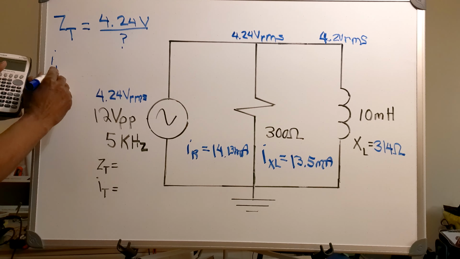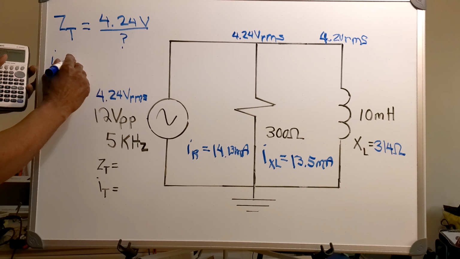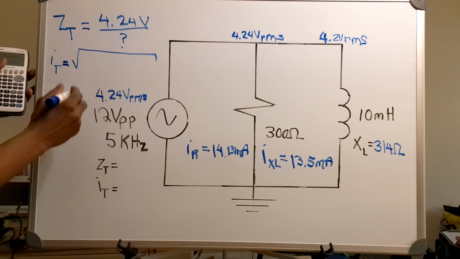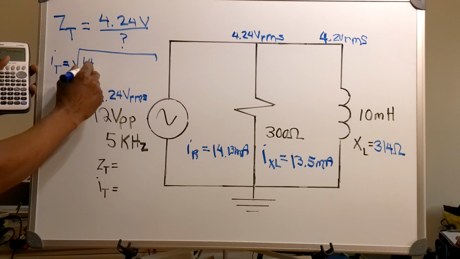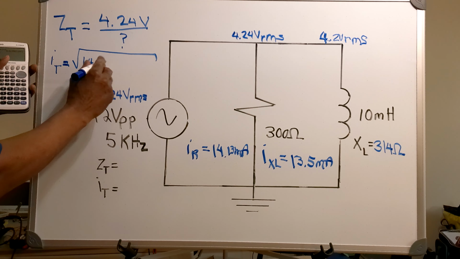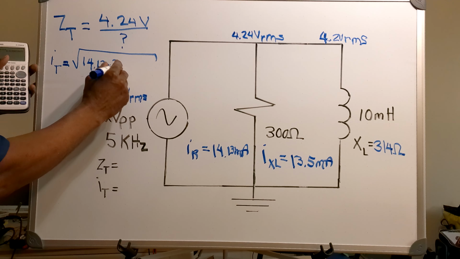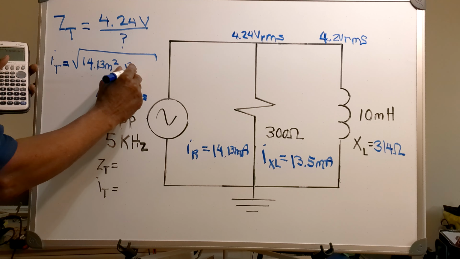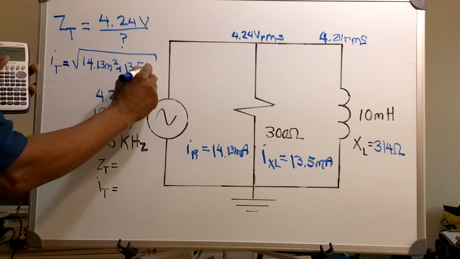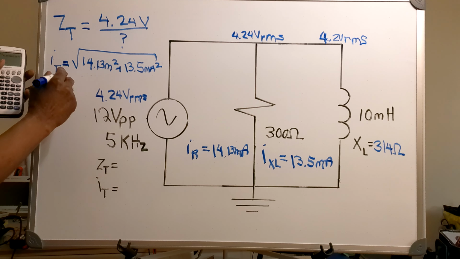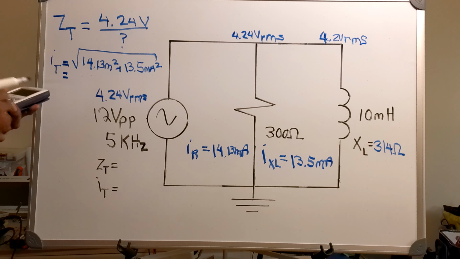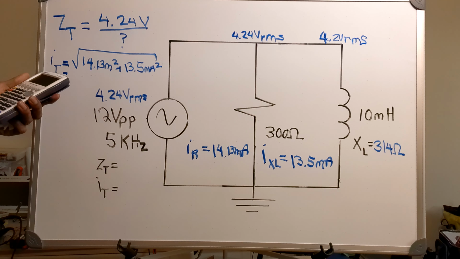So my I total equals the square root of 14.13 milliamps squared plus 13.5 milliamps squared.